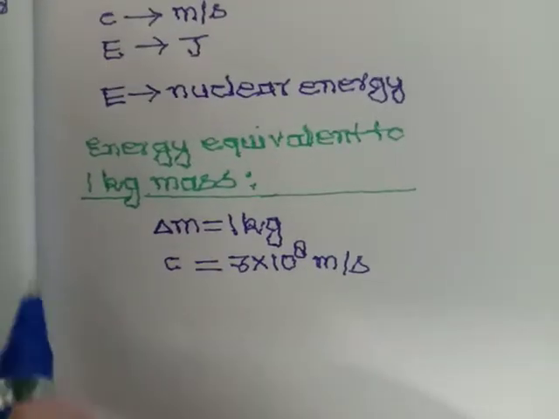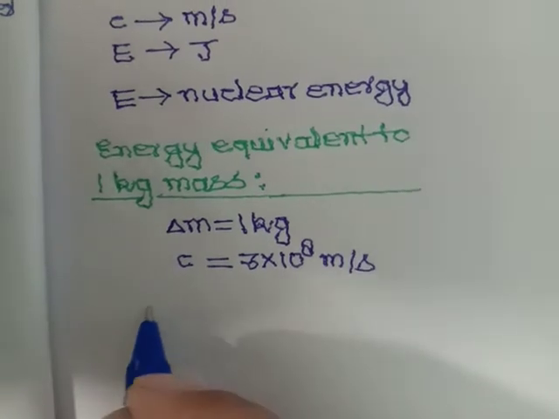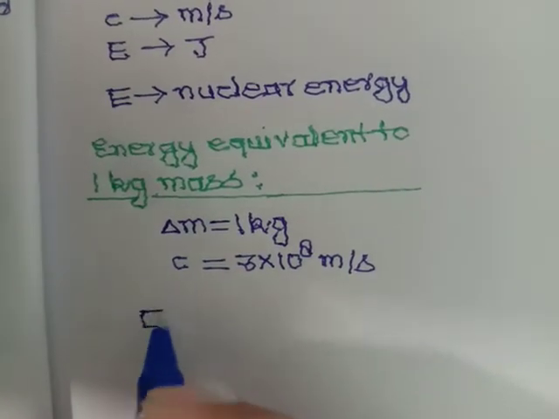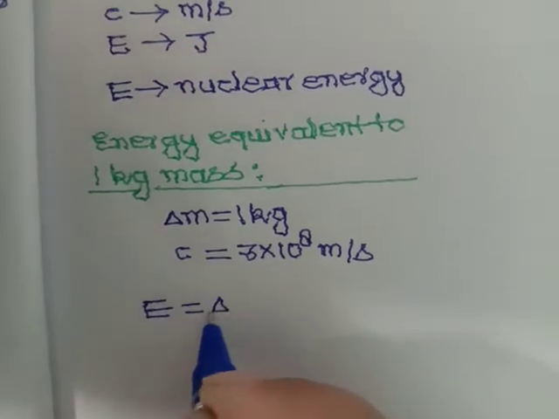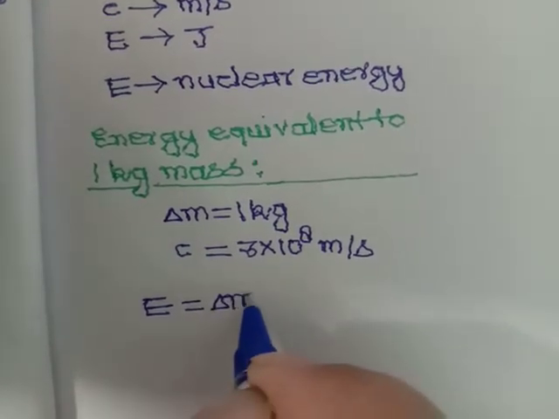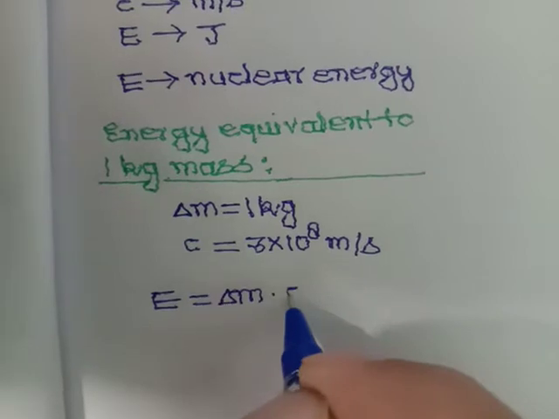So the energy equivalent will be equal to delta m into c square.